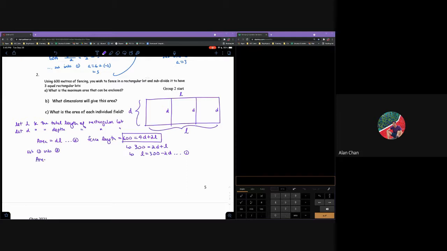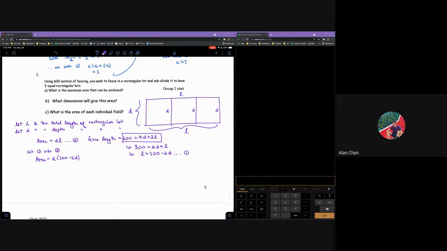Now our area is equal to what? Well, it's D times L, but instead of L now, we're going to have 300 minus 2D. And again, we're trying to find the maximum. So hopefully this is a downward opening parabola, and it is, right? The D squared value has an A value of minus 2.